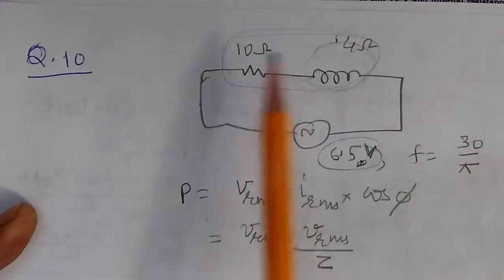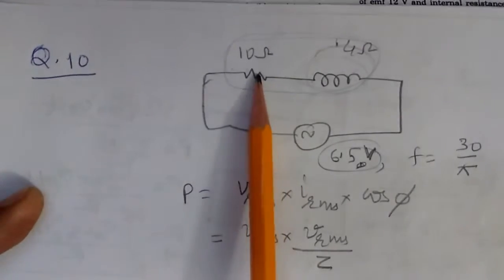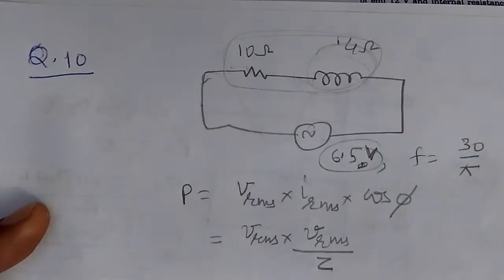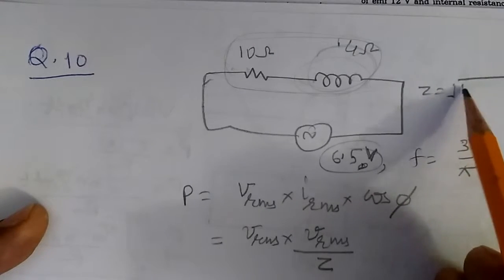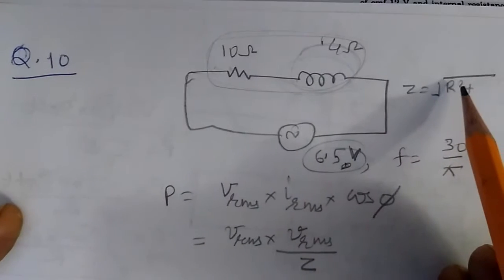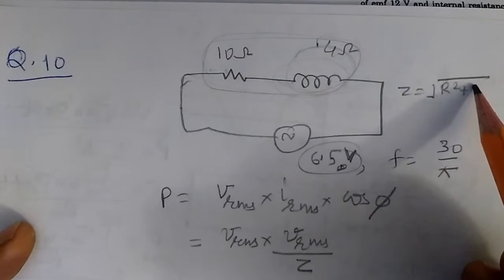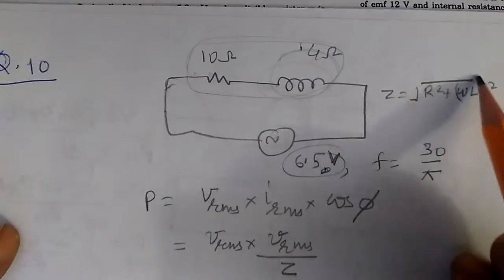The impedance of R and L combined is given by Z equals square root of R square plus XL square, where XL is the reactance of the inductor and is given by omega L, whole square.